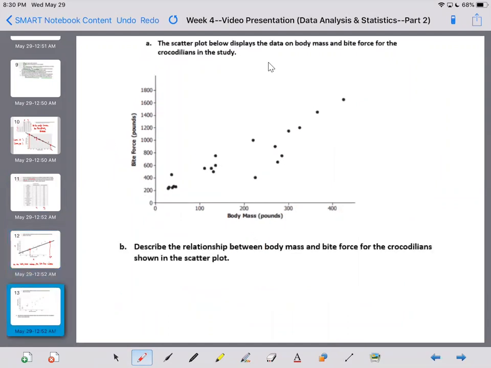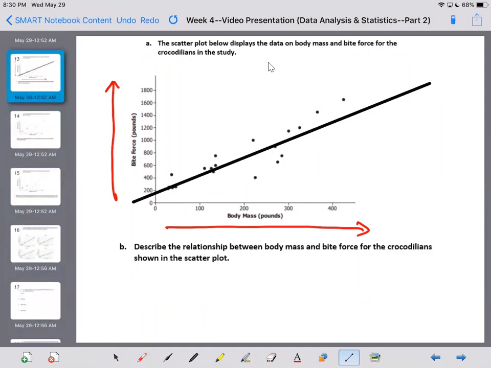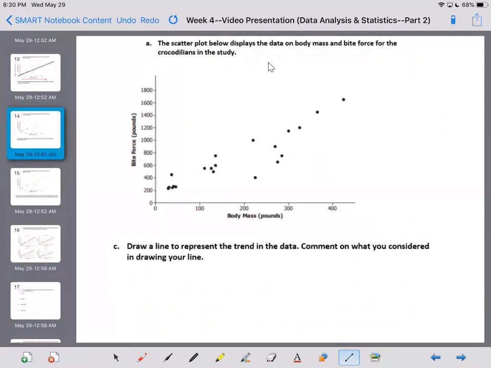And then we did describe the relationship between the body mass. So as the body mass increases, we're seeing the bite force increase. So that creates that linear relationship here. And then we drew a line of best fit to try to create that trend line.